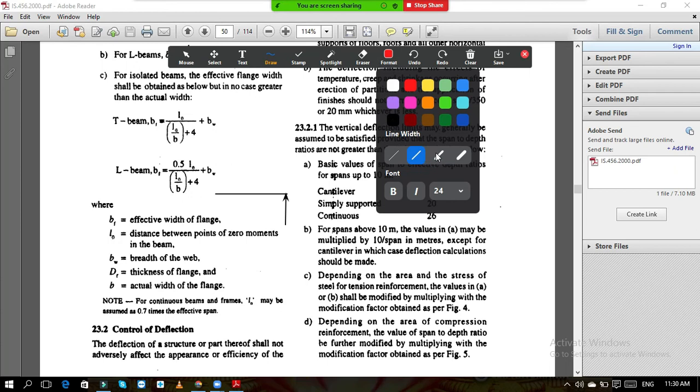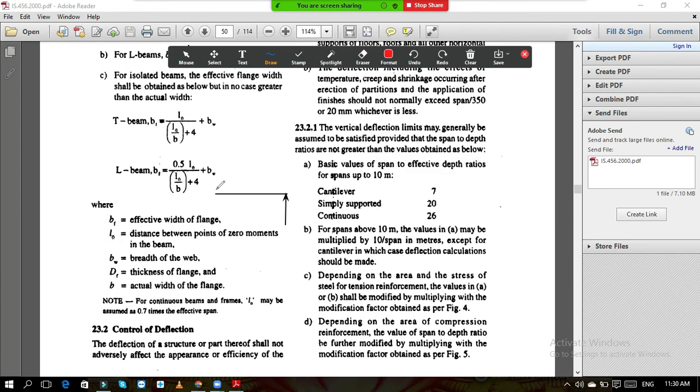At this end your slab is continuous. And on the other side, the right hand side, it is simply supported. This is panel number 5, your end panel.